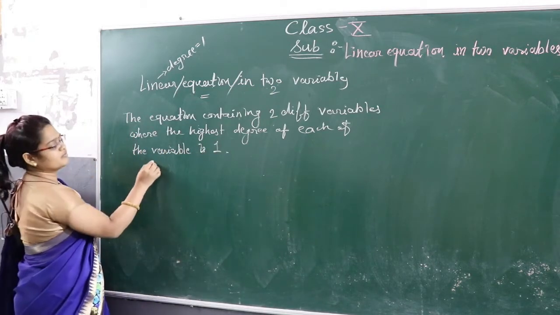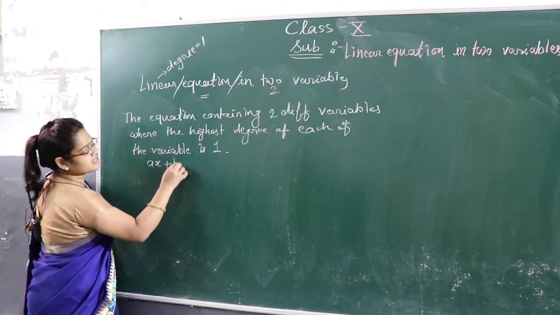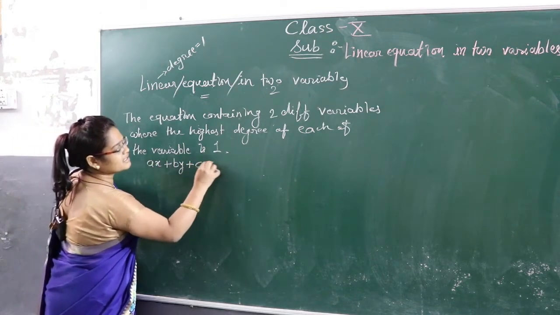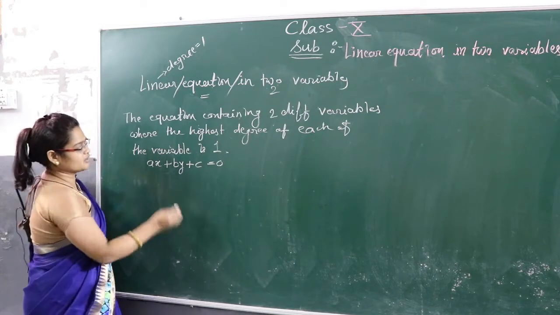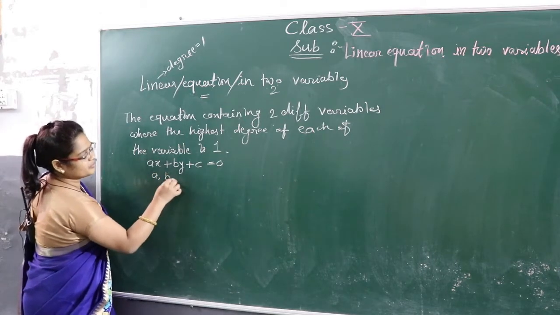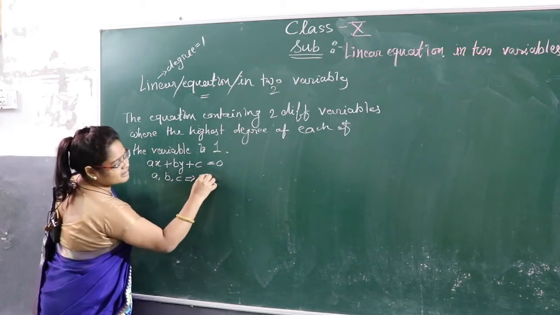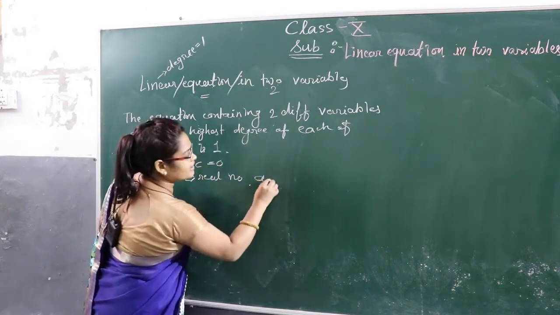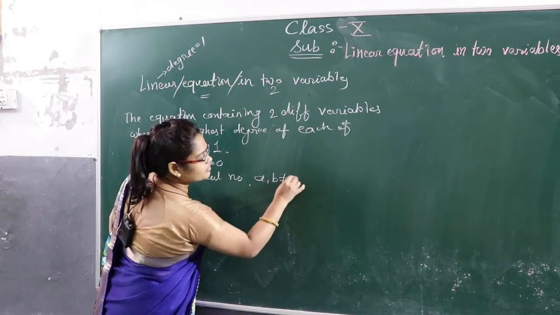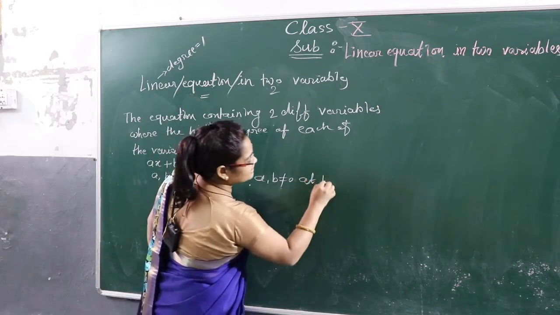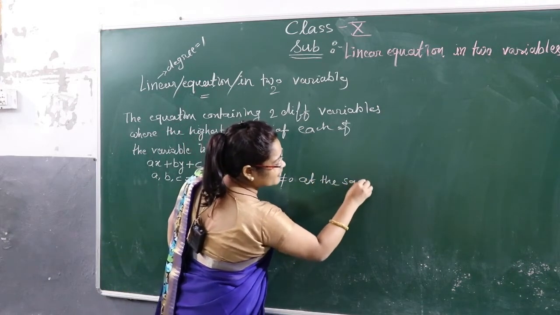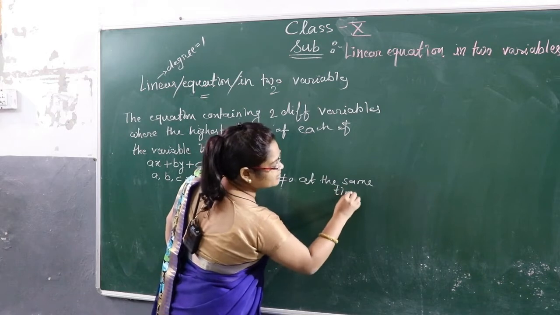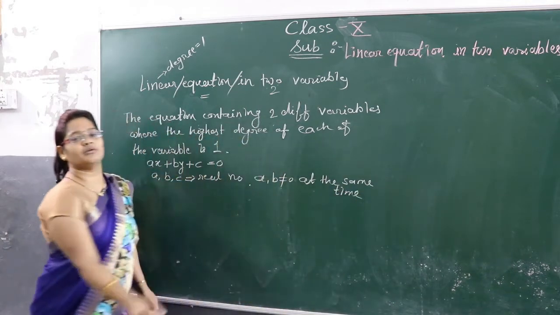The general form of a linear equation is ax plus by plus c equals 0, where a, b and c are real numbers, and a and b should not be equal to 0 at the same time.